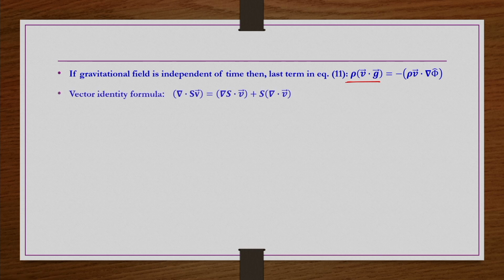Now we take a vector identity formula, that is del dot SV, the dot product of del and the multiplication of a vector and a scalar.